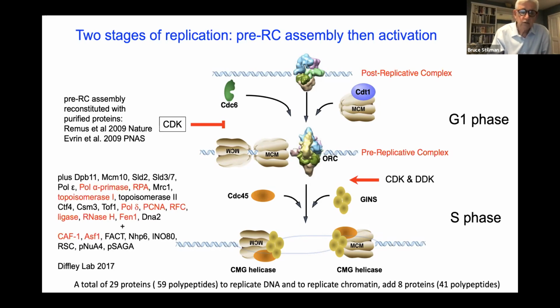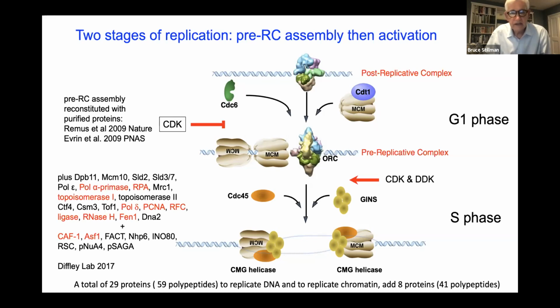Now we know, thanks to work in a lot of laboratories, but particularly John Diffley's laboratory, that we can reconstitute DNA replication with entirely purified proteins. And in fact, not only replicate the DNA, but assemble chromatin on the replicating DNA with these proteins shown here. The red ones are proteins that we had identified using SV40 DNA replication, but the others had been identified either from yeast genetics or from studying replication in human or Xenopus egg extracts.